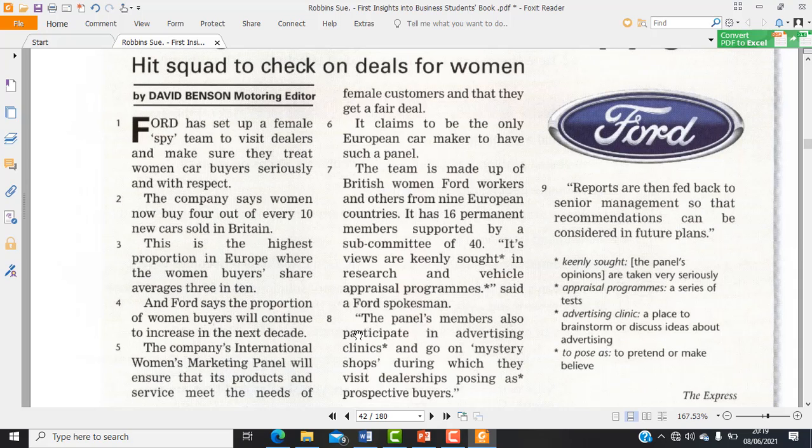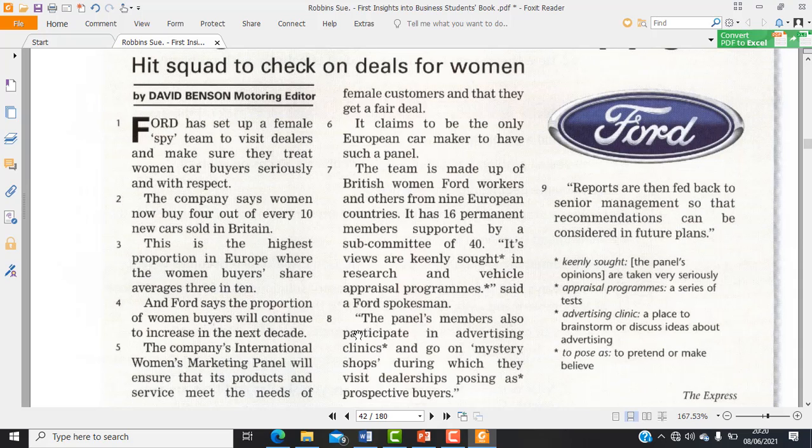Jadi makanya company ini memastikan bahwa produk-produk dan pelayanan yang pembeli wanita itu, maksudnya nasabah wanita itu ya memenuhi kebutuhannya. Okay? And it claims to be the only European car maker to have such a panel. Dan Ford itu mengklaim bahwa dia itu adalah produk mobil satu-satunya yang mempunyai tim ini gitu, yang fokus terhadap wanita gitu.